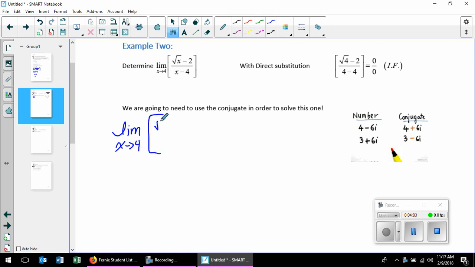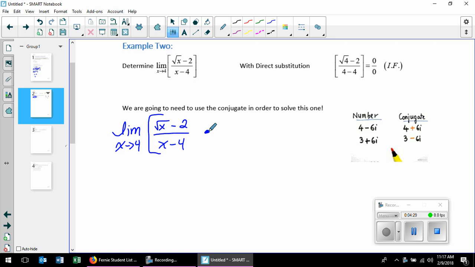And we're going to take root x minus 2 over x minus 4, and we're going to multiply it by the conjugate. So I only care about the radical. The only time we ever multiply by the conjugate is when we're getting rid of the radical. Normally we multiply the denominator, but now we're looking at wherever the radical is. It could be numerator or denominator.